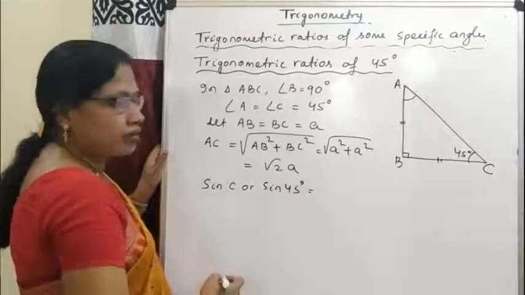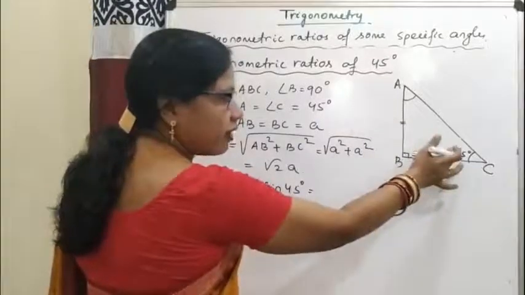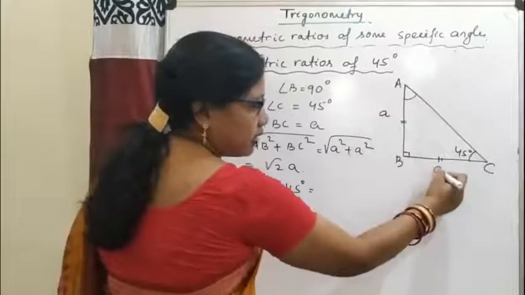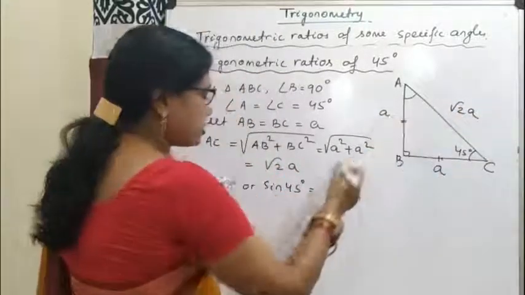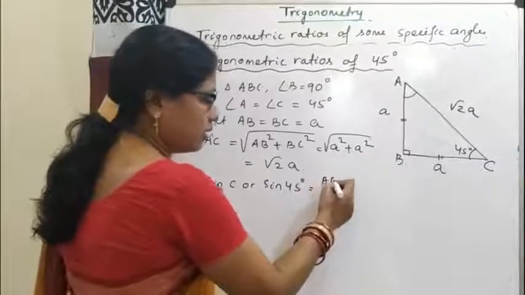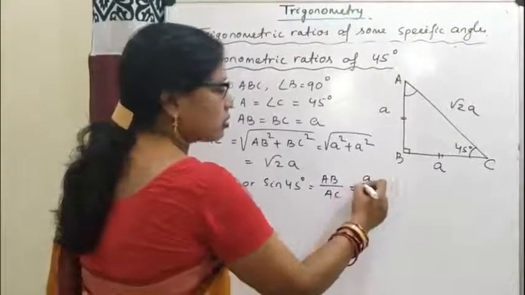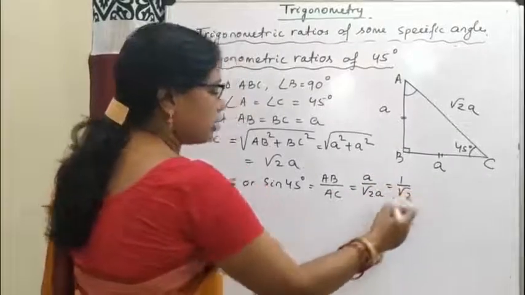Sine 45 is equal to opposite side of 45 over hypotenuse. Here this is a, this is a, this is root 2 a. So opposite side of 45 is AB by AC, AC is the hypotenuse. So a by root 2a is equal to 1 by root 2.